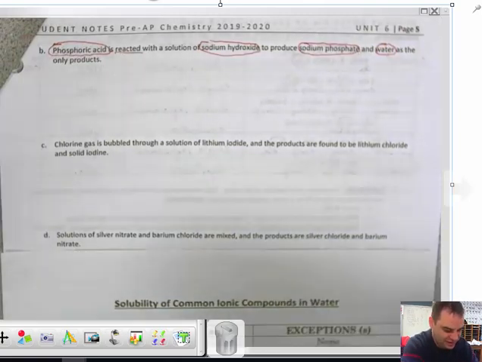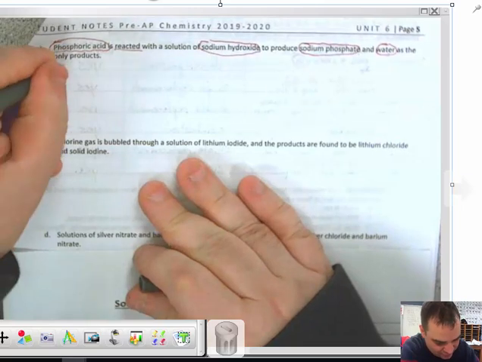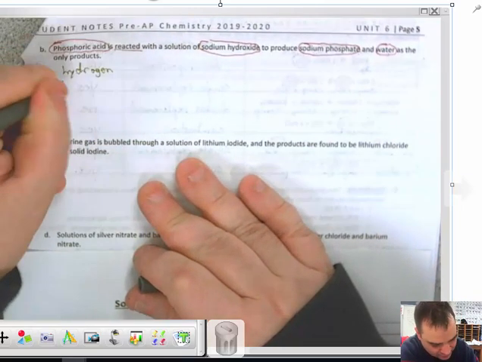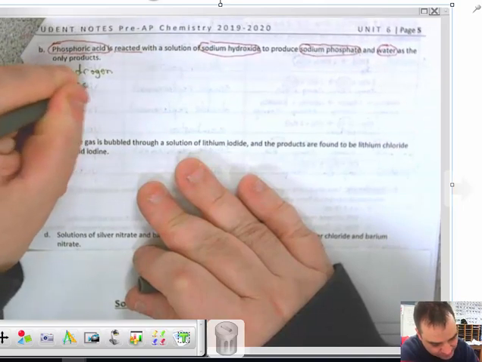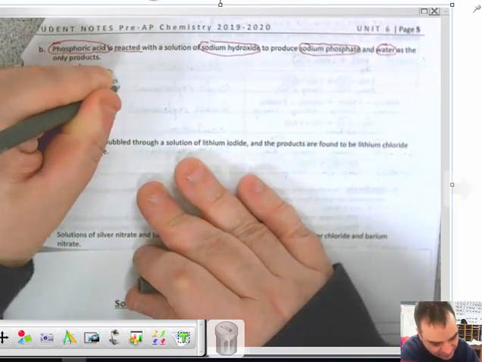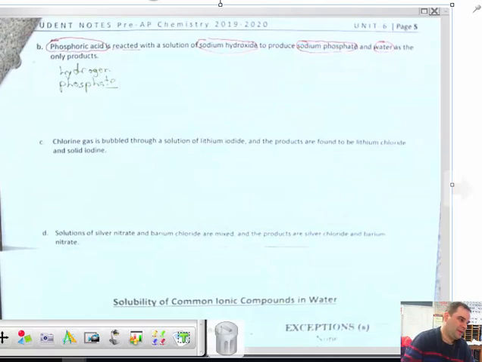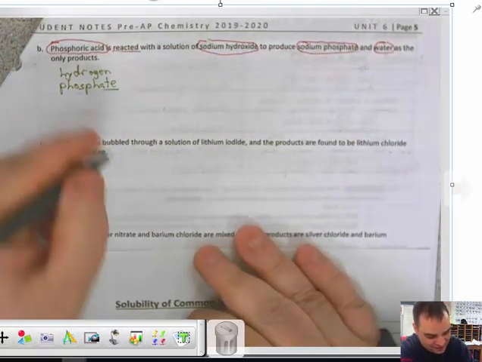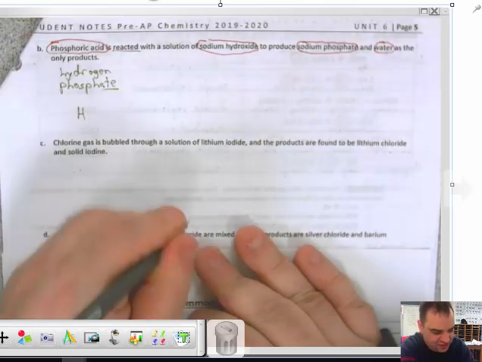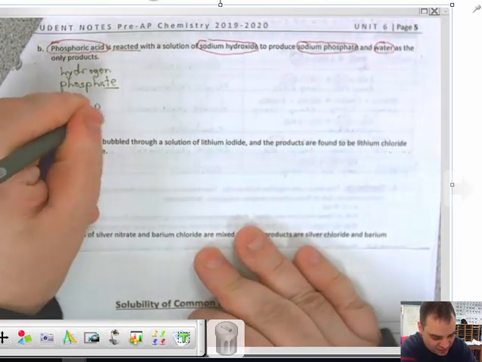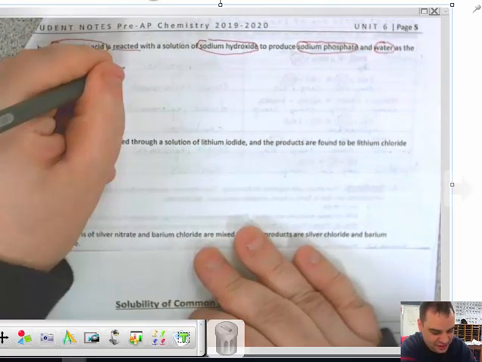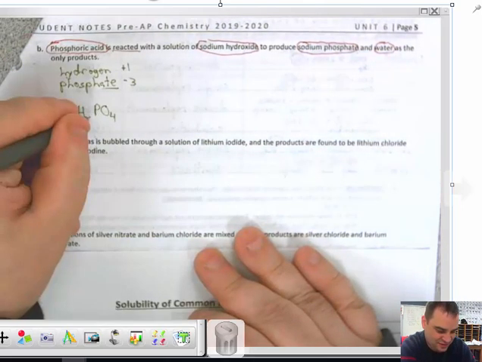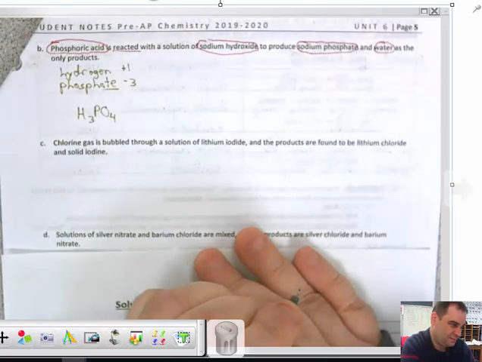If this was a gas, this would be referred to as hydrogen phosphate, because it came from ate, right? So we write down the formula for hydrogen is H, and remember phosphate is PO4. H is +1, phosphate is -3, so this is H3PO4.